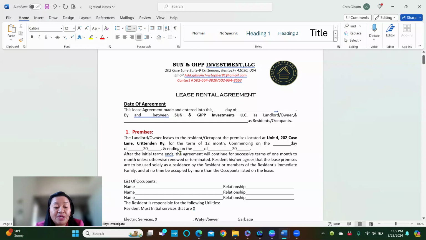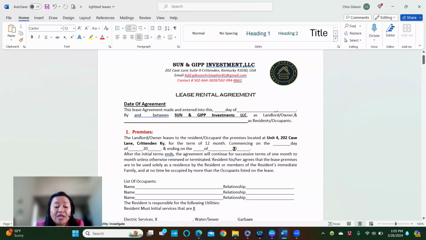And we always require a 1 year lease. Upon the screening, we always ask our applicants if they are okay with a 1 year lease, because if they are not, they are not the right tenant for this property. So our condition is a 1 year lease.